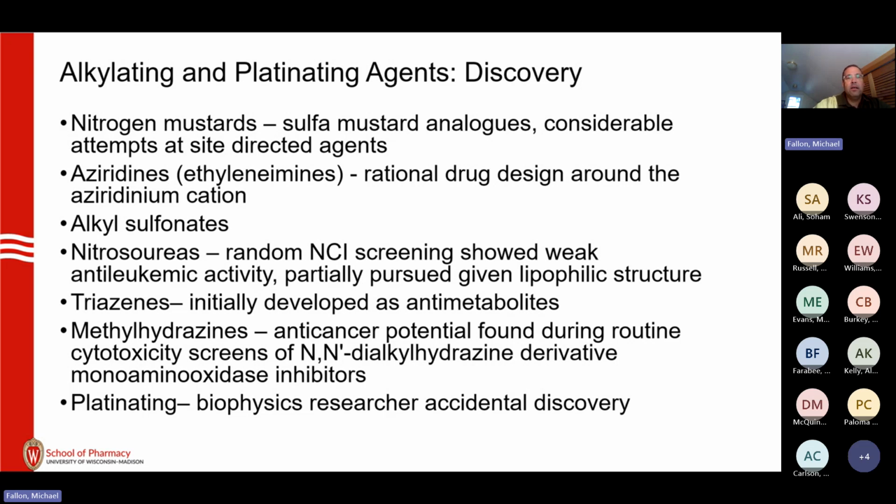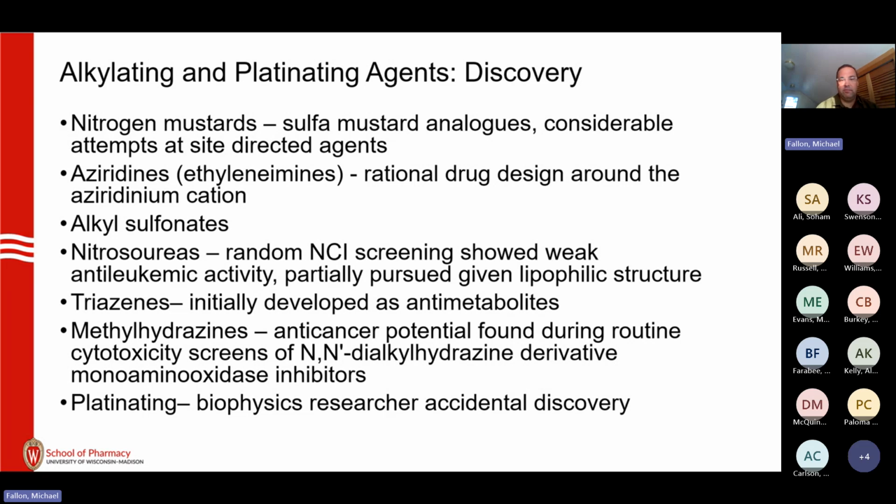So sulfur mustards, analogs, essentially made that sulfur mustard more stable, less toxic over time. Aziridines were really a rational, mathematical, physical design around an aziridinium cation. And alkyl sulfonates were developed straight up from chemistry. Nitrosoureas were a random National Cancer Institute screening that showed weak activity, and so they were developed to be better cancer drugs.